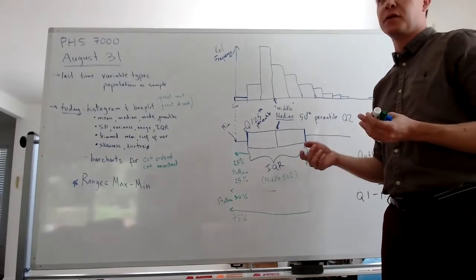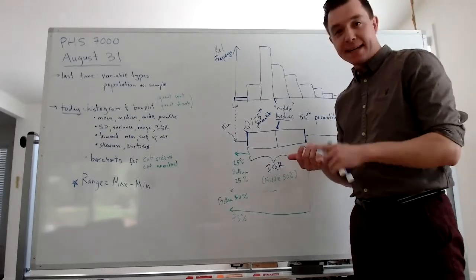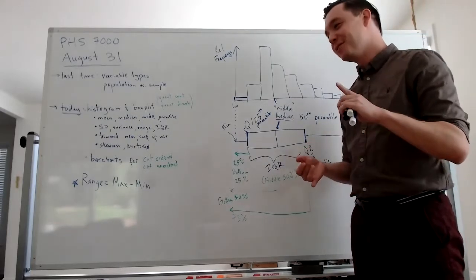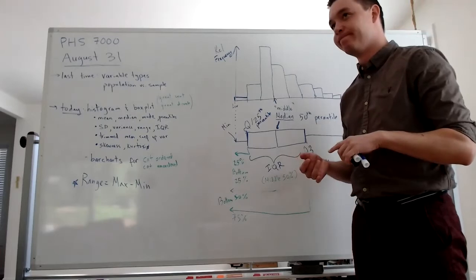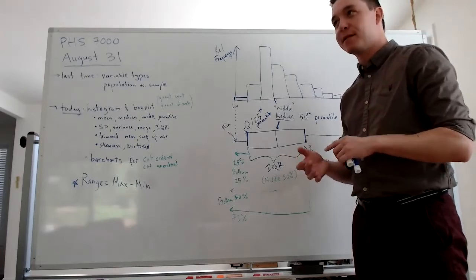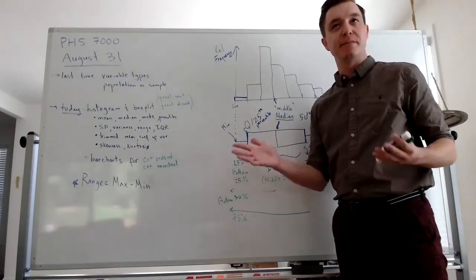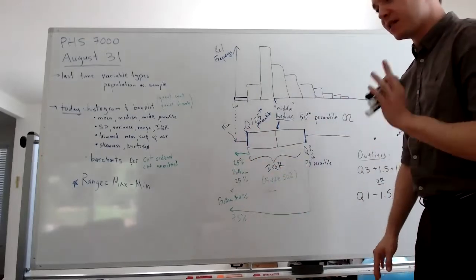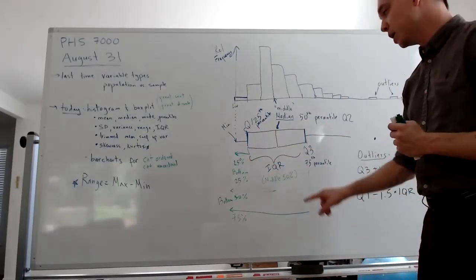It can be useful to identify data entry errors. It can be useful to identify the absolute maximum range of possibilities. But for statistical purposes, I would definitely not recommend the range.